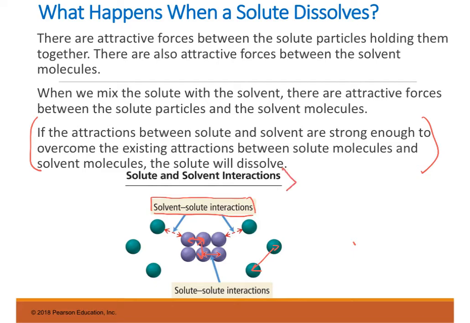So the bottom line is the attraction between the solvent and solute must be very strong, because it's got to essentially break apart or separate the solute molecules, and the solvent molecules become disrupted too. So these attractions have to be super strong.